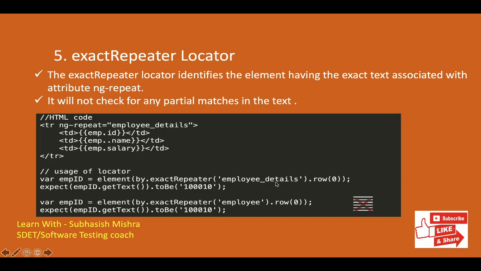If you pass something like only employee, it will not work. Here you need to pass the exact match. Whatever the repeater attribute value is, you have to pass the exact value. So repeater will perform the partial match whereas exactRepeater will perform the exact match. That is the key thing to remember in repeater and exactRepeater.